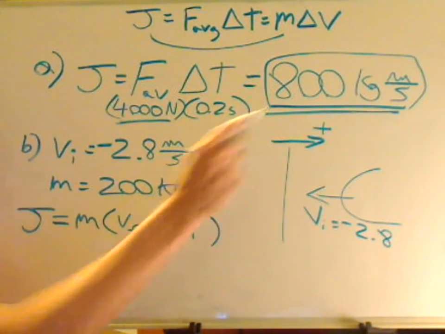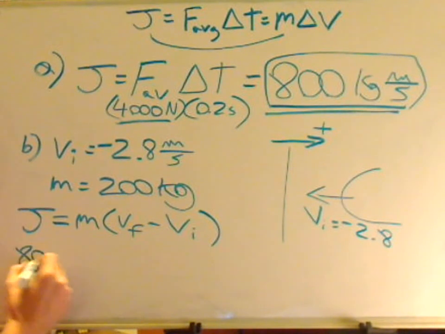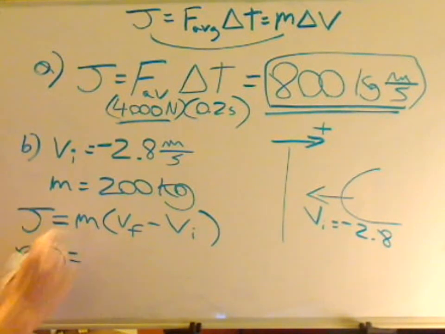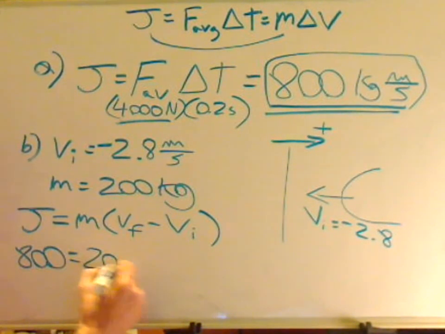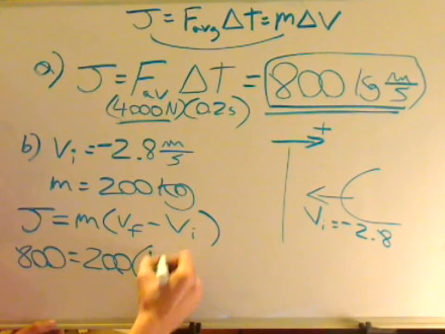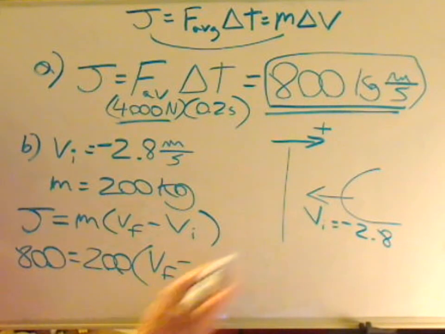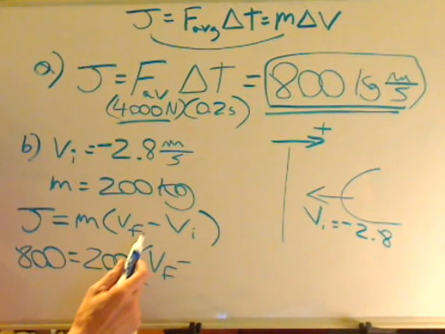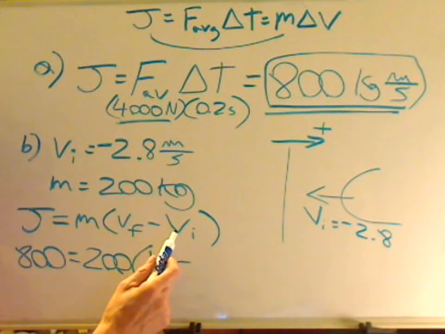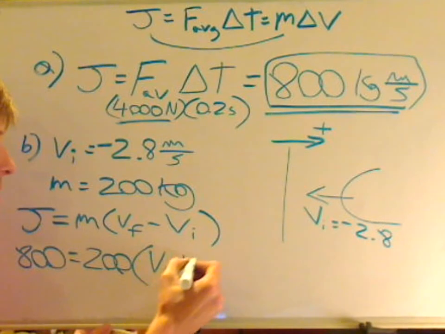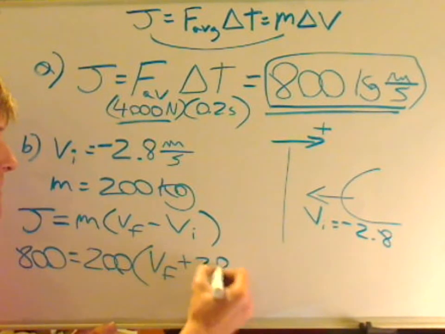J, as we calculated up here, was 800. The mass of the car, 200. And our initial velocity, again, is minus 2.8. So V final minus negative 2.8 gives you V final plus 2.8 meters per second.